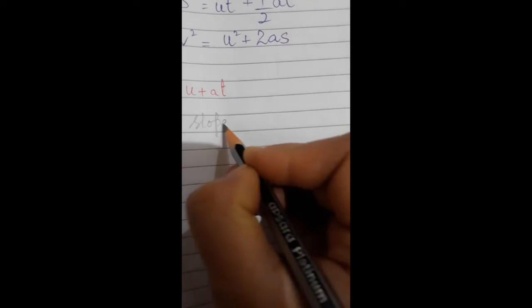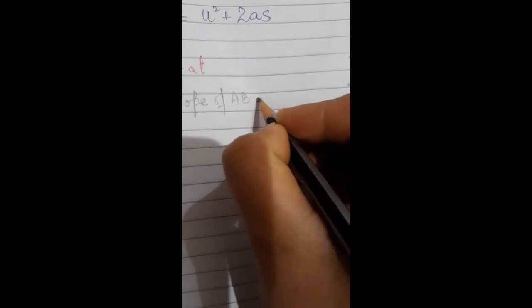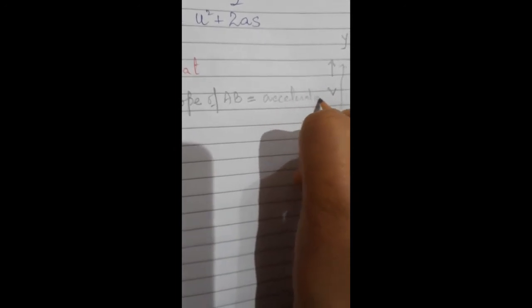So we'll write slope of AB gives acceleration, right? Now from slope, what do we mean by slope?